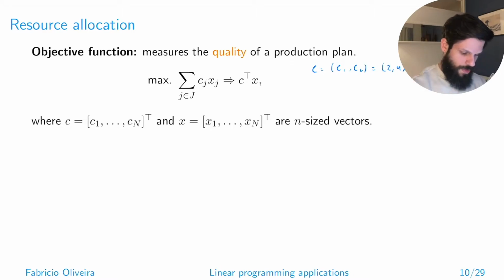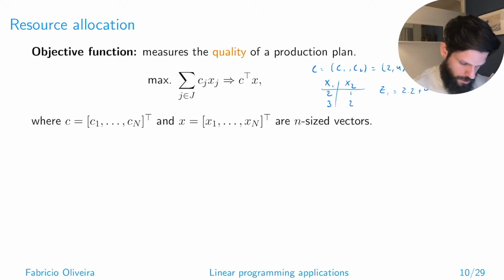And suppose I'm comparing two plans. Plan 1, where I make 2 units of X1 and 1 unit of X2, and another plan where I make 3 units of X1 and 2 units of X2, say. So in this case, the value of plan 1 is 2 times 2 plus 4 times 1, which is 8.